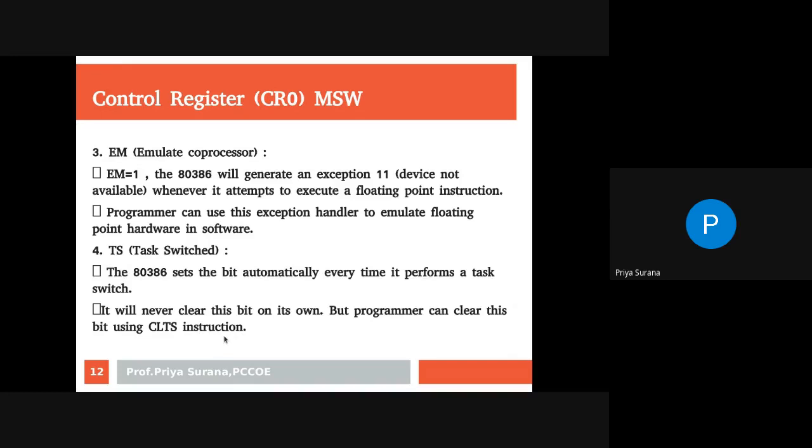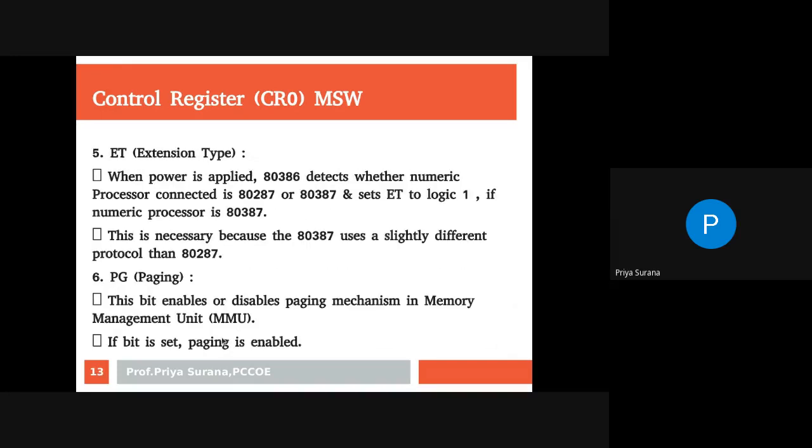Now if you check the next bit, for example ET, the name itself is extension type. When power is applied, the 80386 detects whether the numerical processor connected is a 80287 or 387. What it means? We already discussed that we can check whether a coprocessor is present or not.